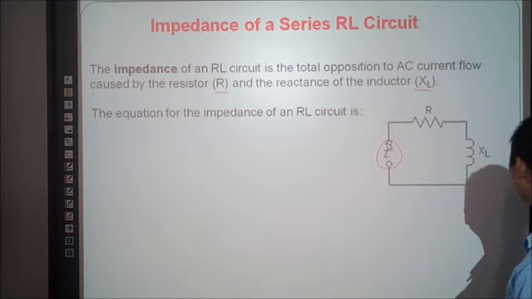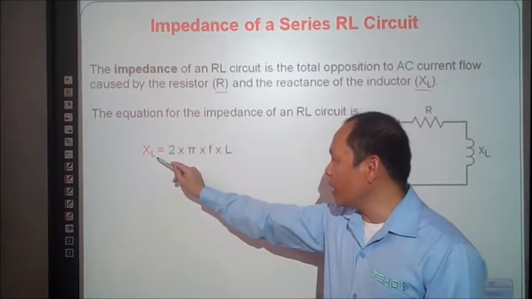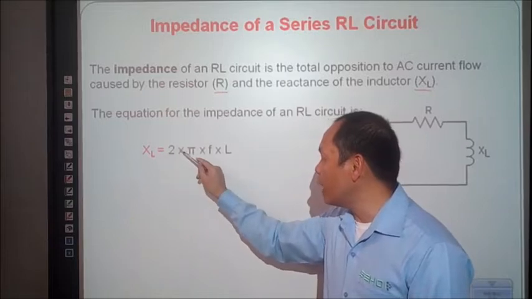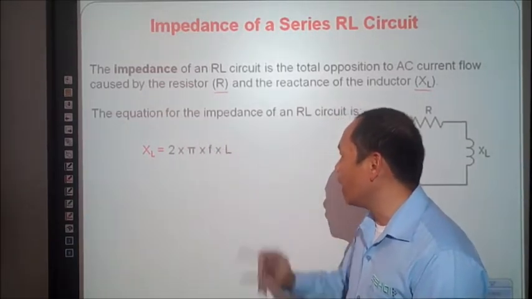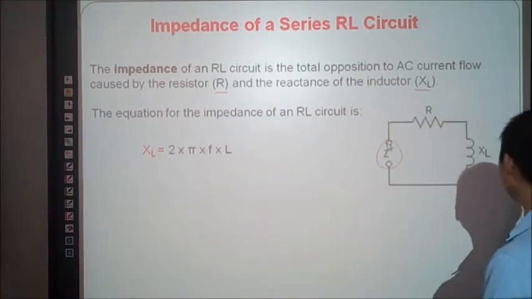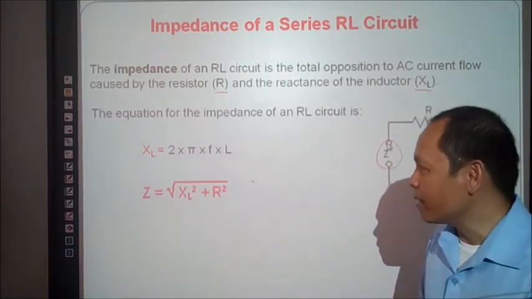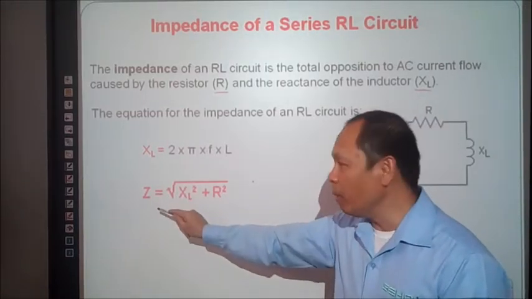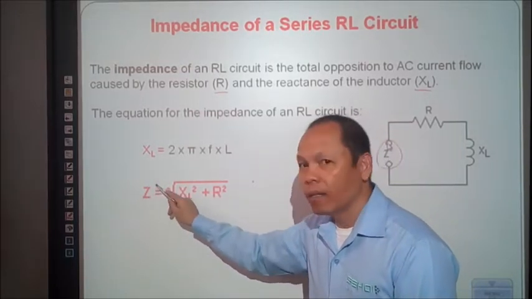So how to compute the impedance? This is the formula. First, you're going to solve for XL. This is the formula of XL: inductive reactance is equal to 2 times pi times F times L. After you solve for the inductive reactance, you can now solve for the impedance. This is the formula of impedance, which is Z. This is the symbol of impedance.